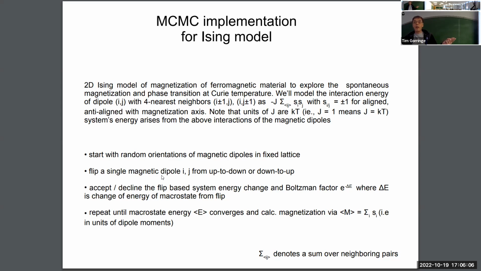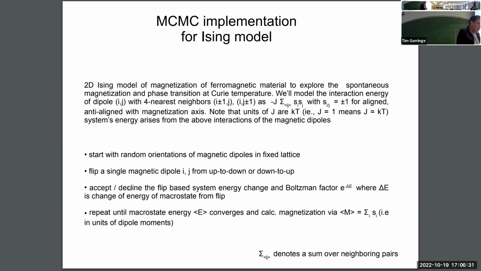If it was up, I flip it down. If it was down, I flip it up. I calculate the change in energy of the macroscopic state when that one dipole flips. The energy may go up or down by an amount determined by that sum involving the interaction energies with the nearest neighbors.